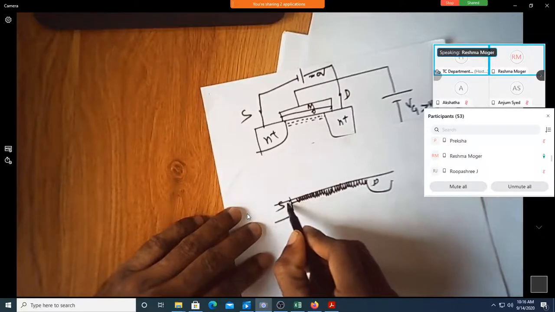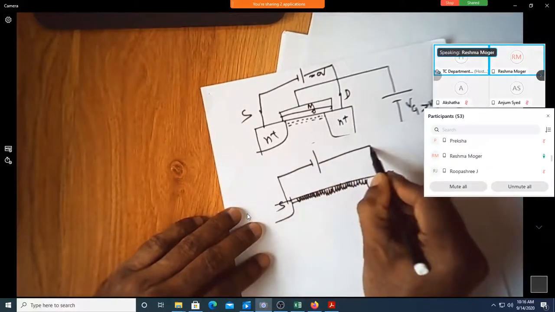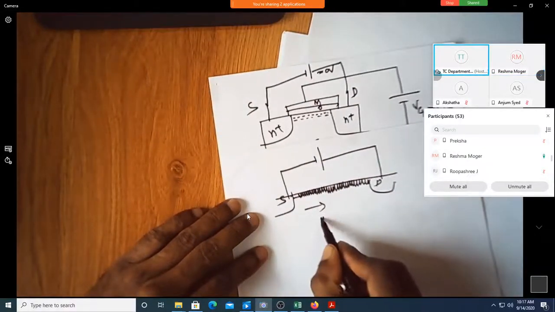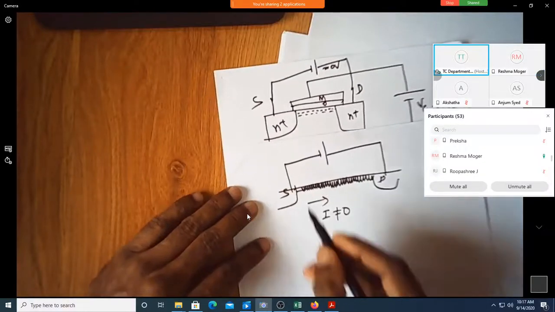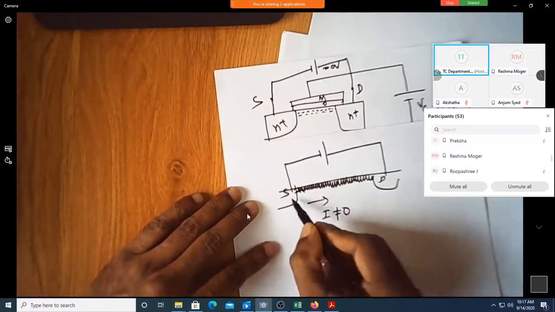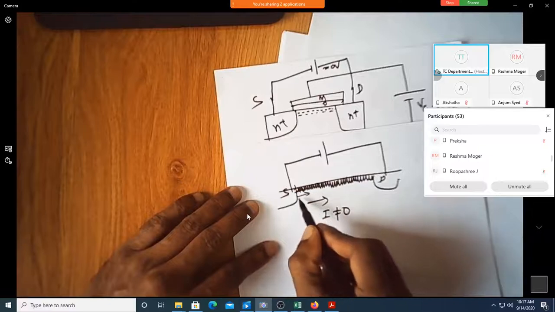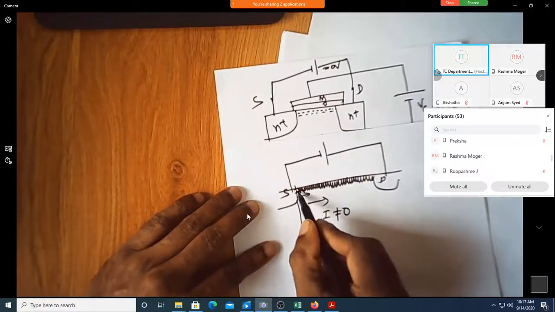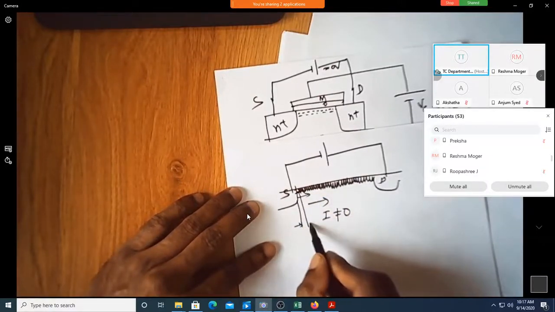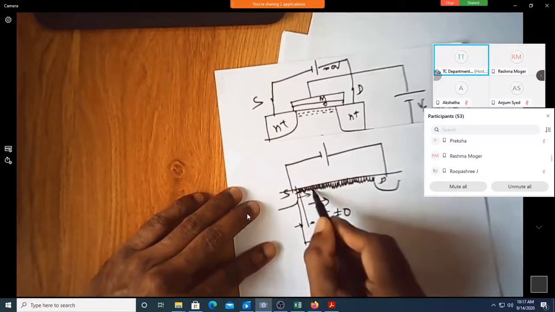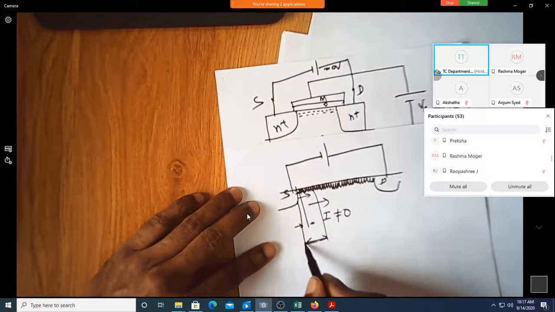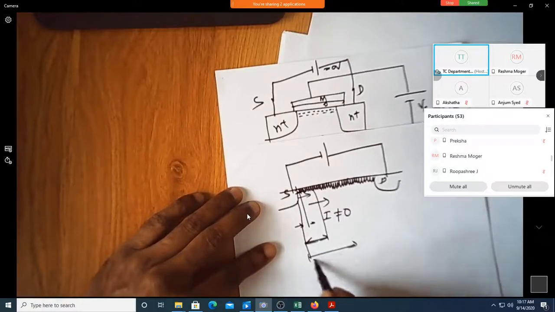Now assume that I have applied some voltage between drain and source. So this current is now non-zero. Since there is a current flowing here, from here to here you'll have some voltage drop, from here to here you'll have some voltage drop, from here to here you'll have some voltage drop.